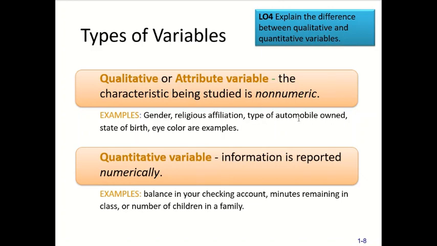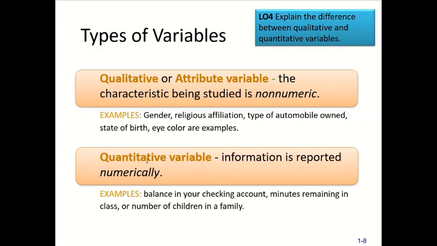Now, the type of automobile owned, whether you own a bike, a bicycle, a scooter or a car, all these aspects we can classify as qualitative. In which state you were born, or the color of your eyes, all these are examples of qualitative variables.